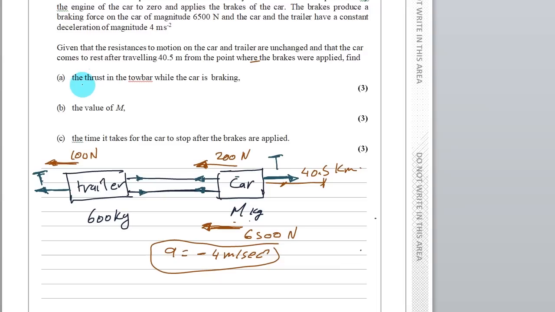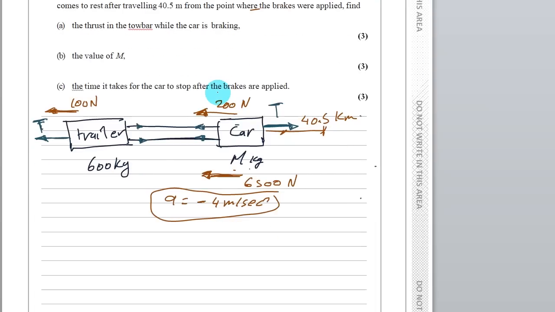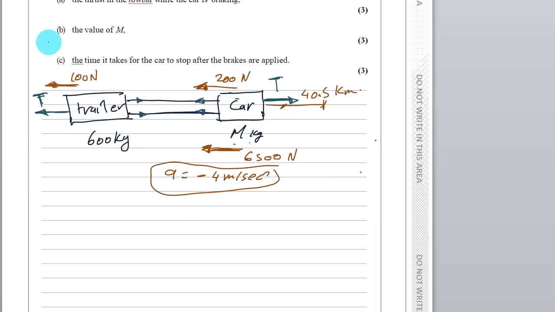Now the thrust toward where the car is braking. So we need now the T. So A at the trailer. Now what we have at the trailer: minus 100 minus T is equal to MA.